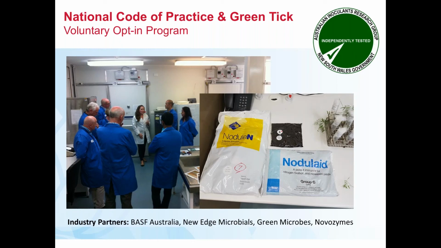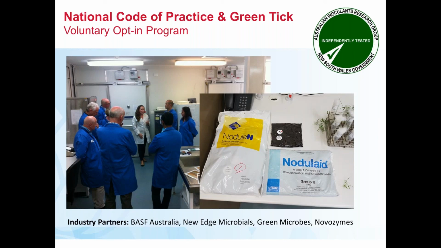Contaminants in a batch may grow and outcompete the rhizobia in the packet, reducing rhizobial numbers and hence increasing the risk of low nodulation. So we make sure that there are low contaminants. And we also check that the product, after being manufactured, still nodulates a host. When all of these things have been checked, we issue a green tick. So if you purchase a product with a green tick, you can be assured that it's gone through those quality steps.